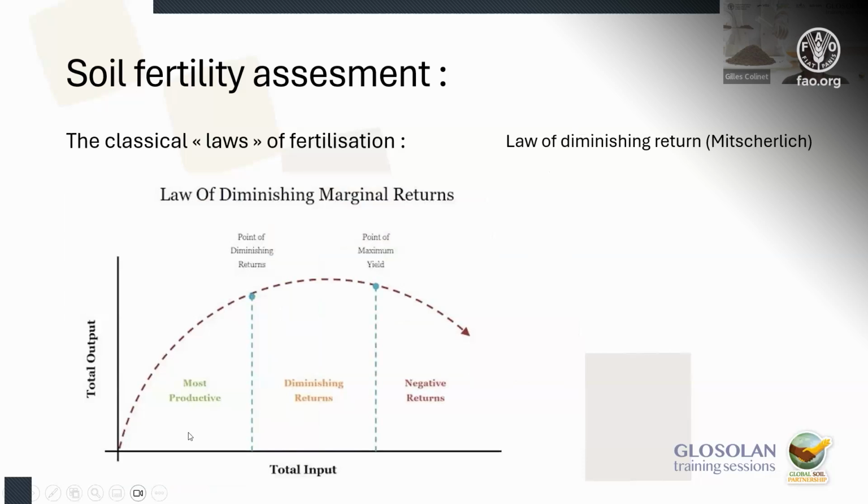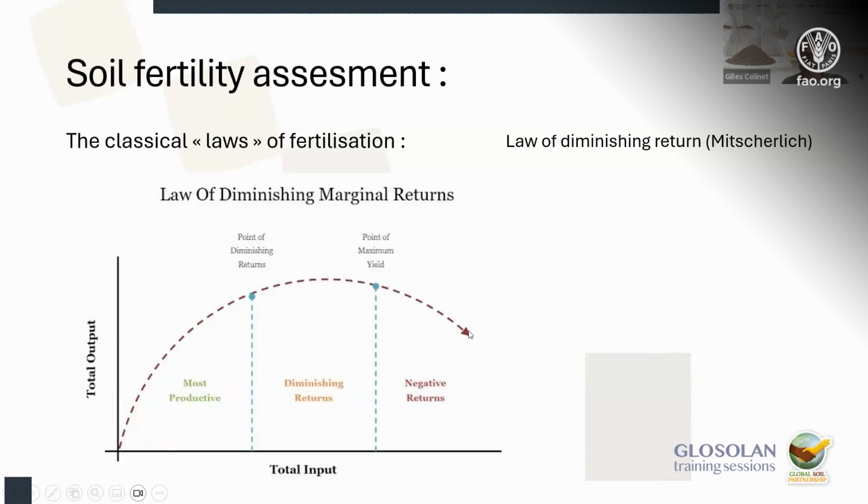So this goes as the most productive part. You have a big increase of yield when you put some fertilization. Then you have a kind of maximum, and it is called diminishing returns.